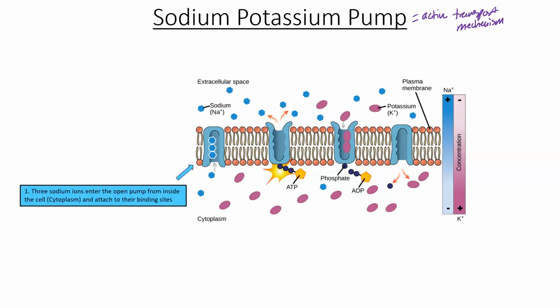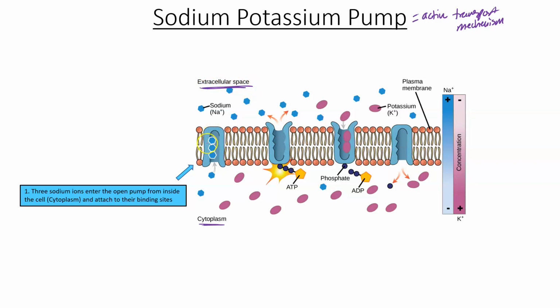Step 1, just to break this process down, is 3 sodium ions. Notice we have sodium ions that are blue, and potassium ions that are a purple-pinkish color. 3 sodium ions are going to enter this channel protein or pump protein from inside of the cell cytoplasm. Again, cytoplasm is the material that is inside of a cell. Extracellular space is the space outside of a cell.